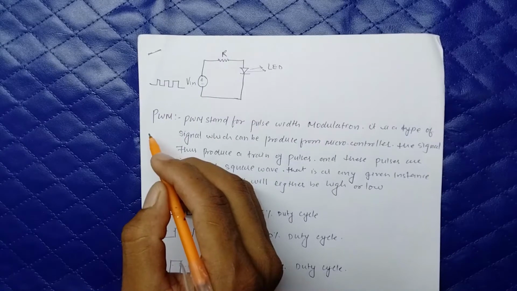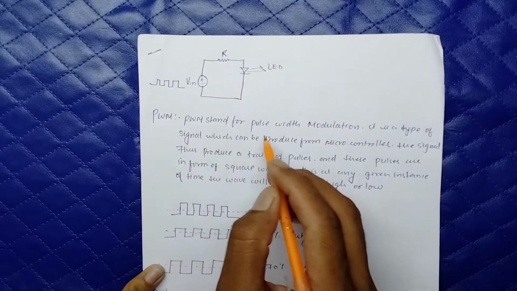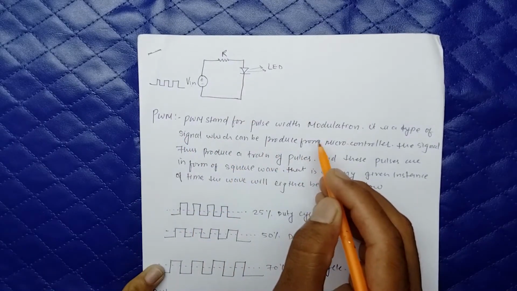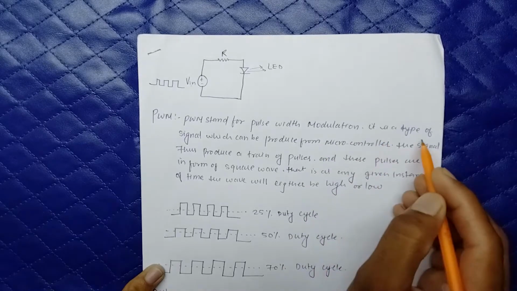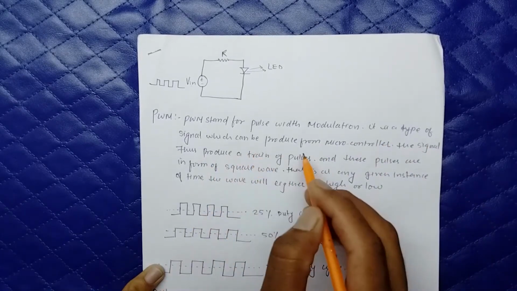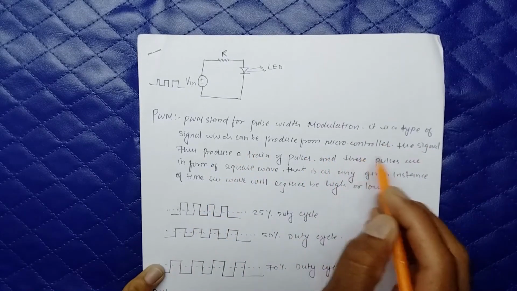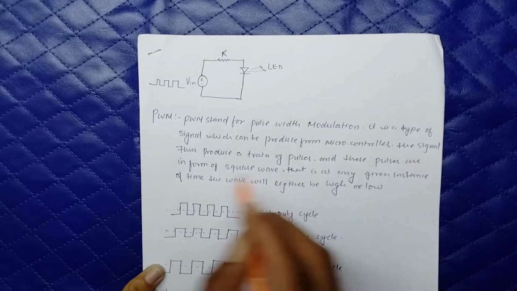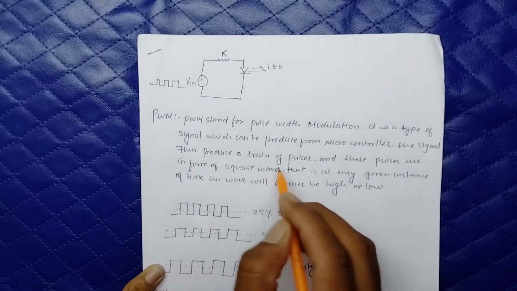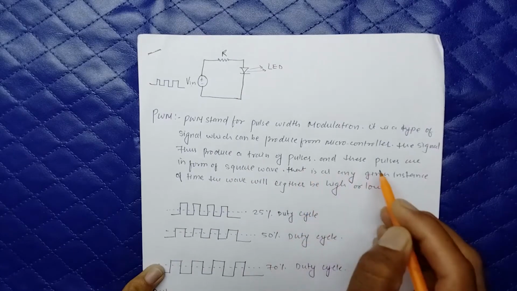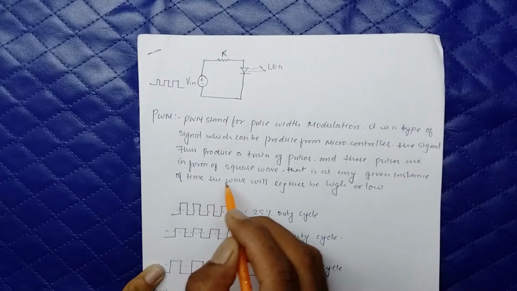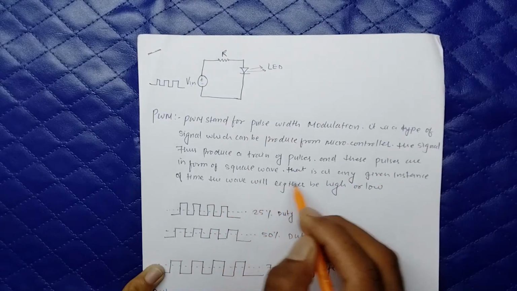So what is a PWM? PWM stands for pulse width modulation. It is a type of signal which can be produced from the microcontroller. The signal just produces a train of pulses, and these pulses are in the form of a square wave.